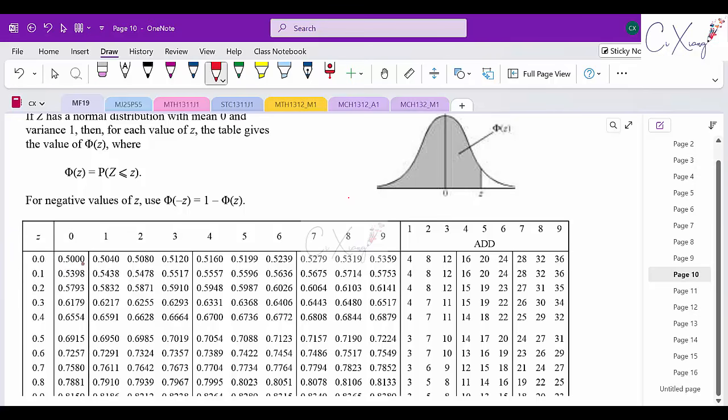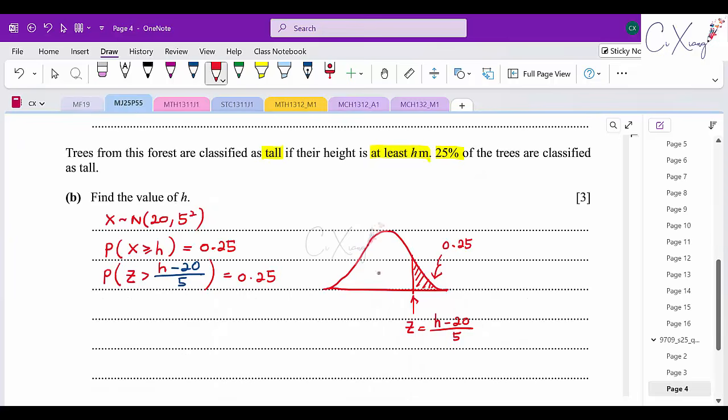Because the smallest value is 0.5. Therefore, when you have a small area, to use the table in the reverse way, you have to use the complement area, which is 0.75. Because 0.75 plus 0.25 totals 1, this is why I call it the complement area. So use the complement area 0.75 to find the value of z.